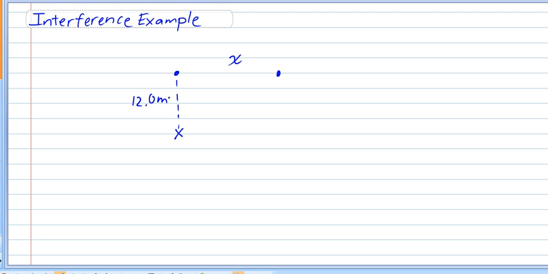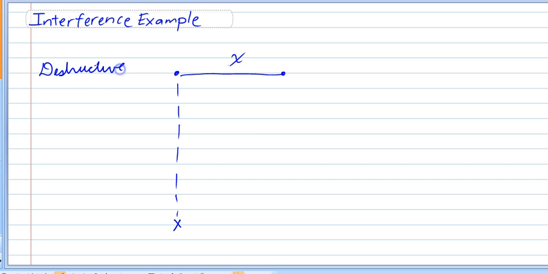What we want to know is what's the smallest distance apart, x, that I can make these two speakers and get destructive interference? I'll move my guy down here so it's more to scale.